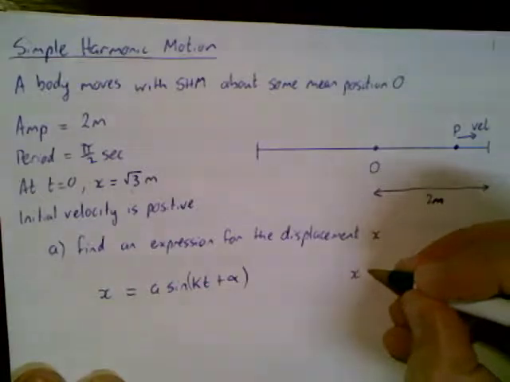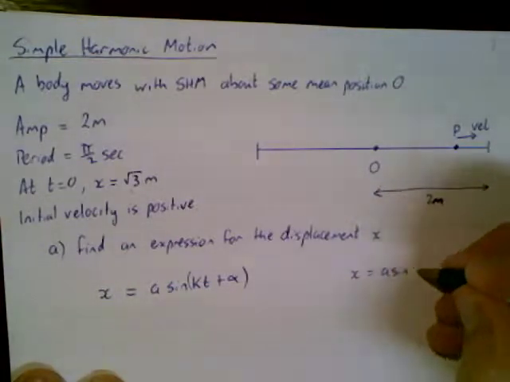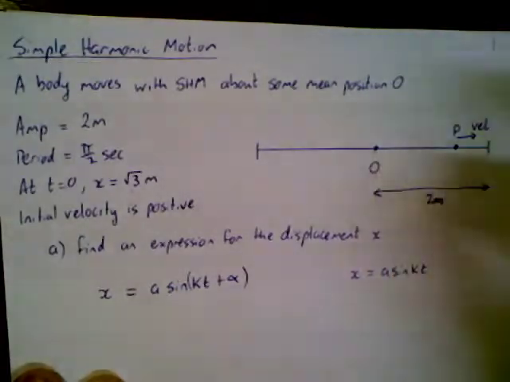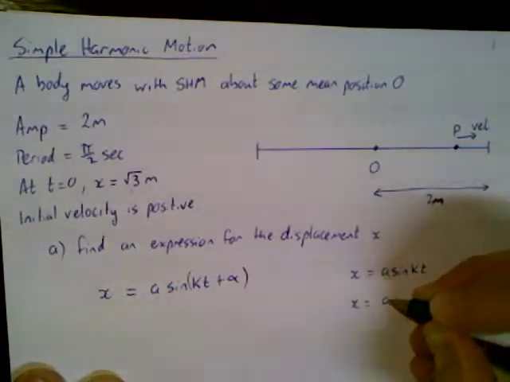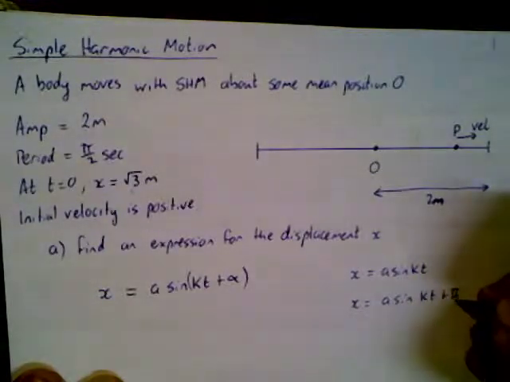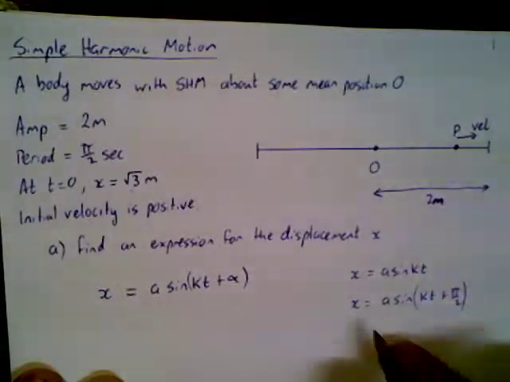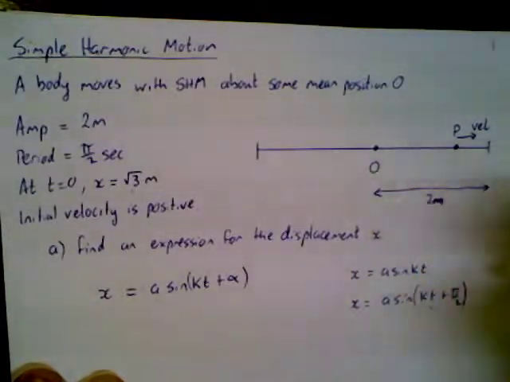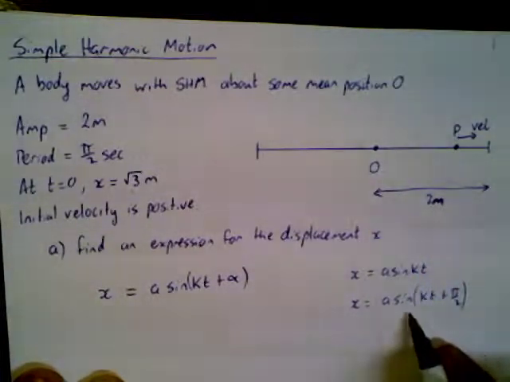So, for example, x equals a sine kt would be for a particle which is starting at the origin. x equals a sine(kt plus pi on 2) would be for a particle starting at this extreme position here. And that's really the same thing as a cos kt.